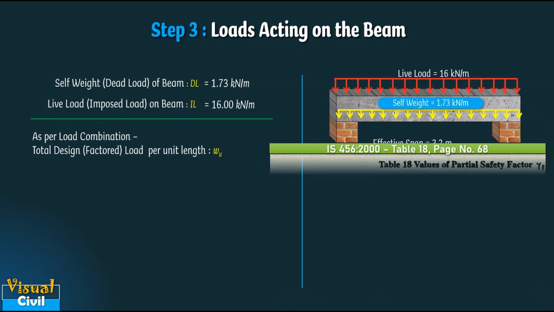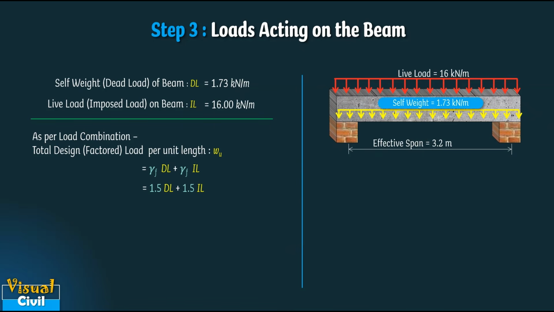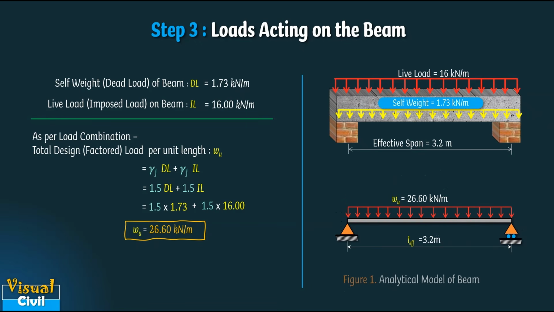Thus, the total design or factored load per unit length equals 1.5 times dead load plus 1.5 times imposed load. This is equal to 26.6 kilonewton per meter. This way, we get the analytical model of the simply supported beam as shown in figure 1 to calculate bending moment and shear force.